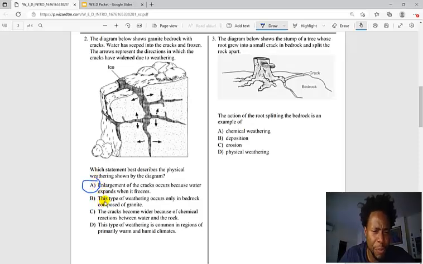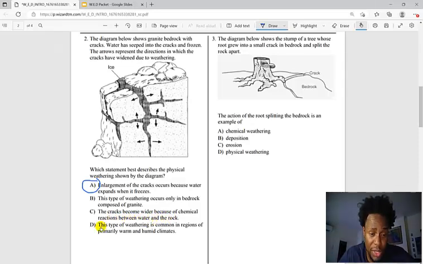Let's look at option B. This type of weathering occurs only in bedrock composed of granite. It can occur anywhere, whether it's granite or basalt or conglomerate. Frost action can break down anything. It can even break bottles in our refrigerators. So it has nothing to do with granite. Option C, the crack becomes wider because of a chemical reaction between water and the rock.